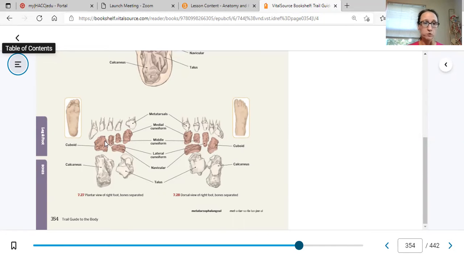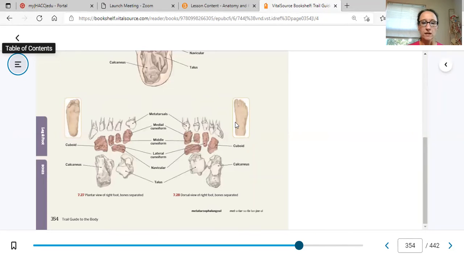Again, it's supposed to be cube-shaped. We have the lateral cuneiform, the middle cuneiform, because it's in the middle, and then the medial cuneiform. And they don't change position, it's just the foot that you're looking at. So again, this is a right foot as you're looking at it.